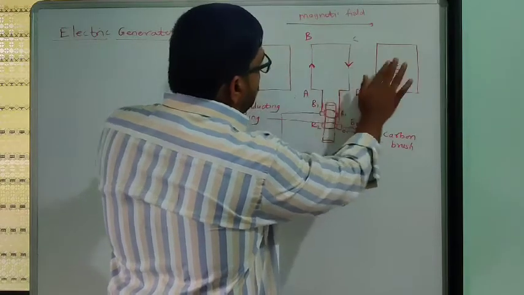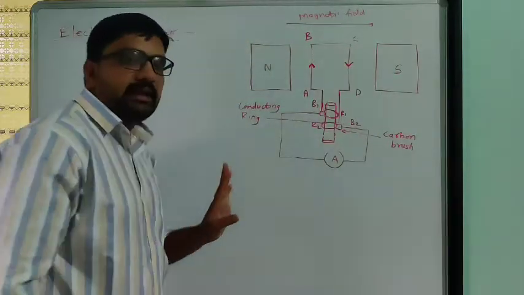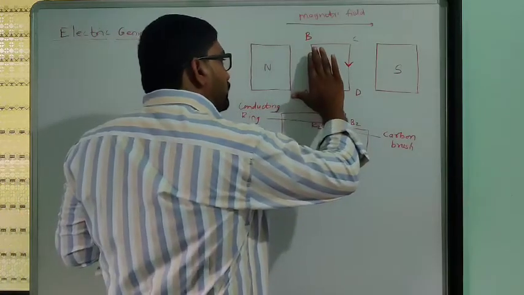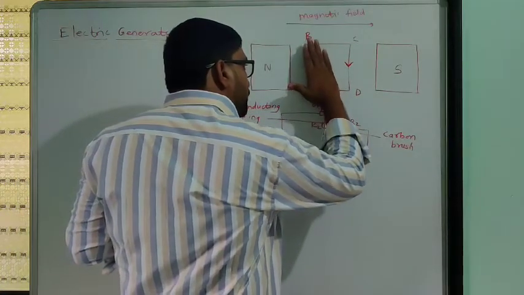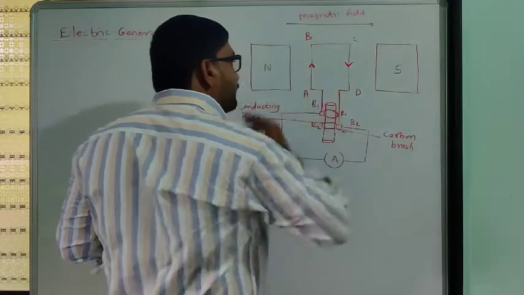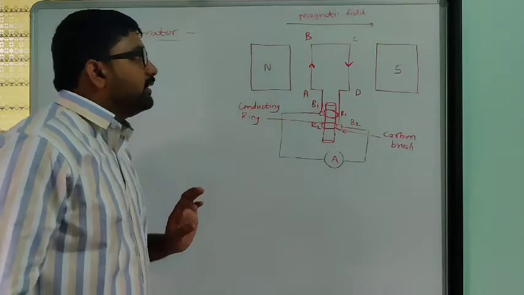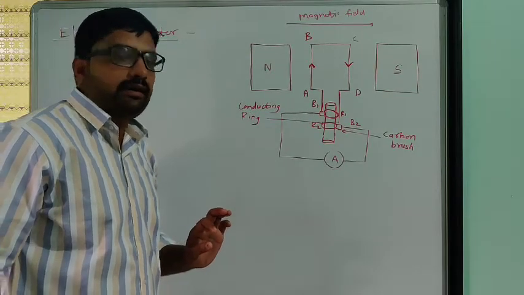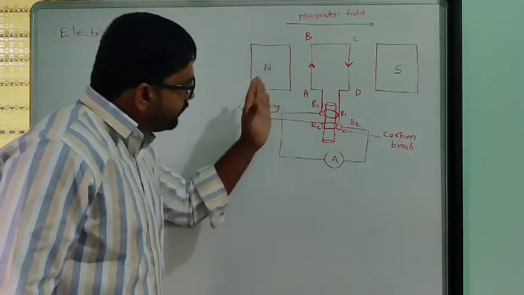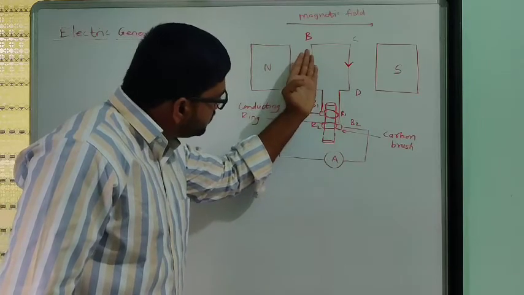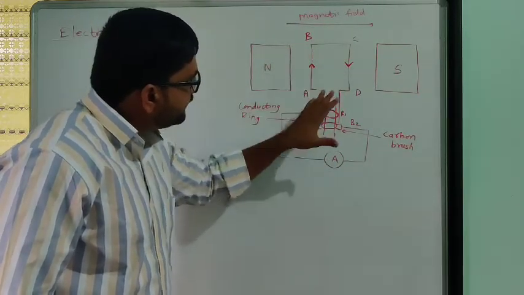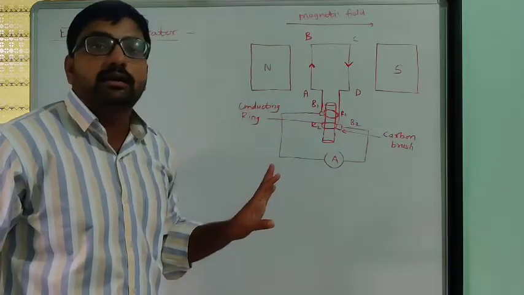Suppose this is horizontal to the magnetic field, at that time it is less. As it goes to the perpendicular direction to the magnetic field, the field goes on increasing, and in such a way we can continuously change the magnetic field present around this coil ABCD, which is the electric conductor.